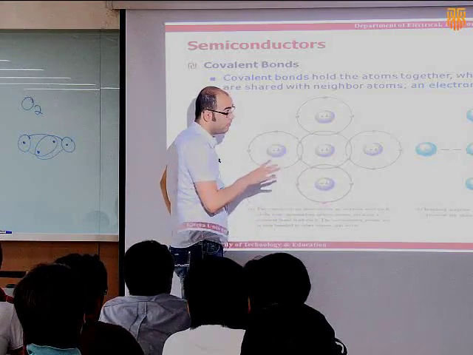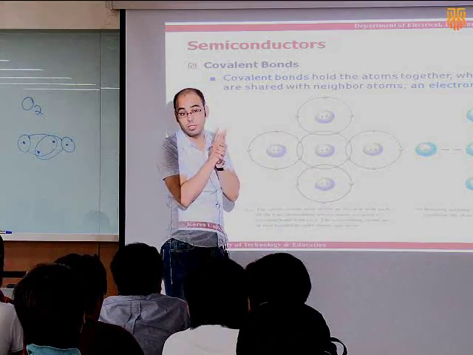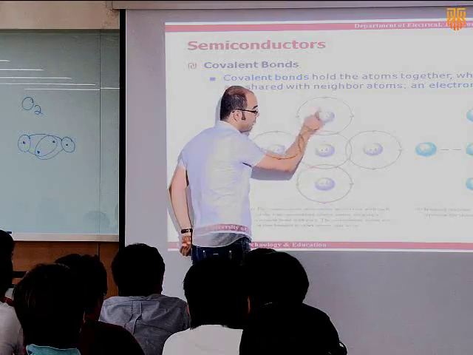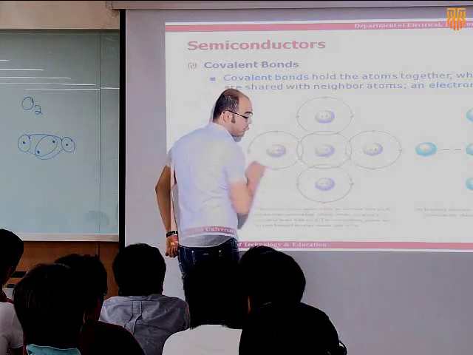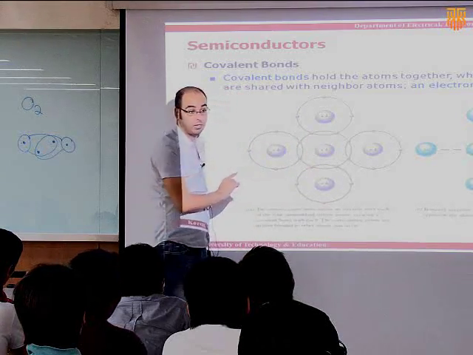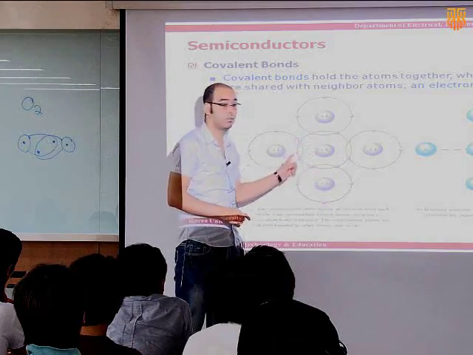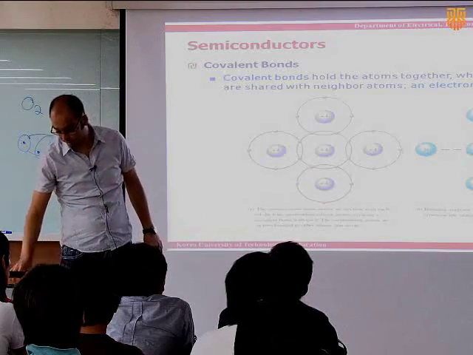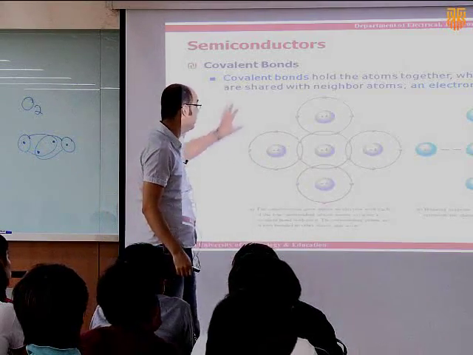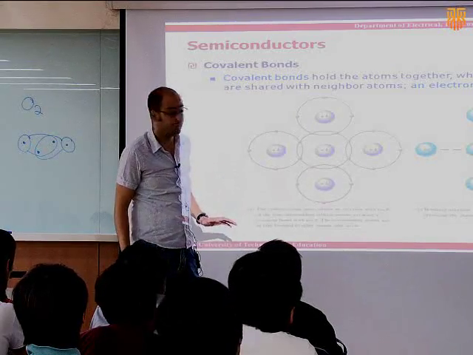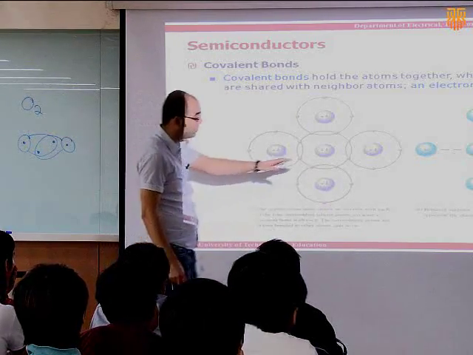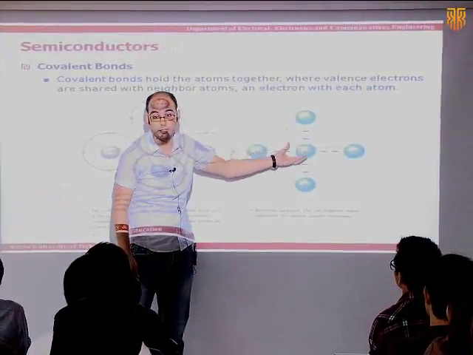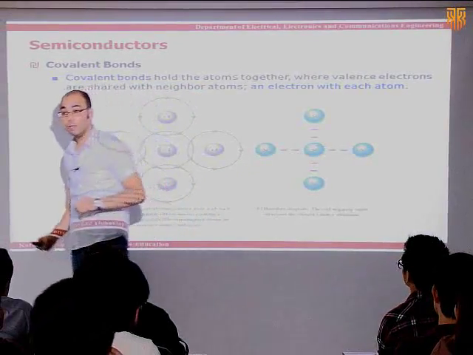It has 4 electrons in the valence shell, right? It shares 1 electron with this atom, 1 electron with this atom, 1 electron with this, and 1 electron with this. Okay? So this atom has 8 electrons, so it becomes stable. So it is stabilized, okay? In this way. And this one with others, and so on, for the whole structure. This can be represented in the bonding diagram in this way, where 2 electrons are shared. Okay? Fine?